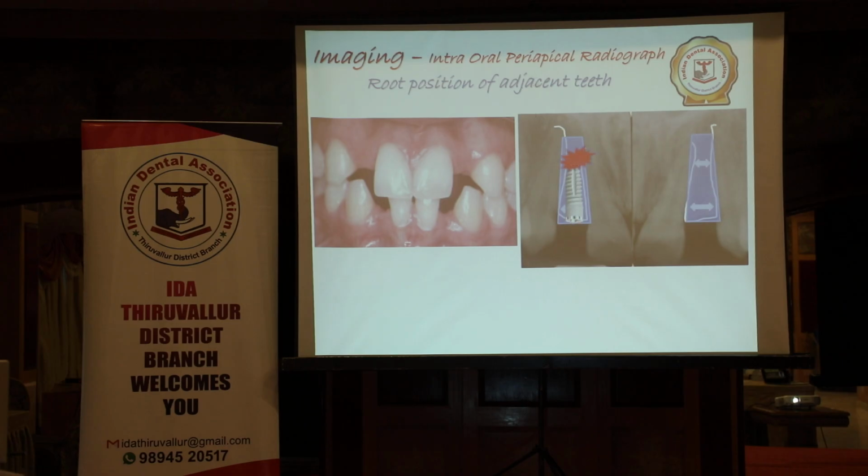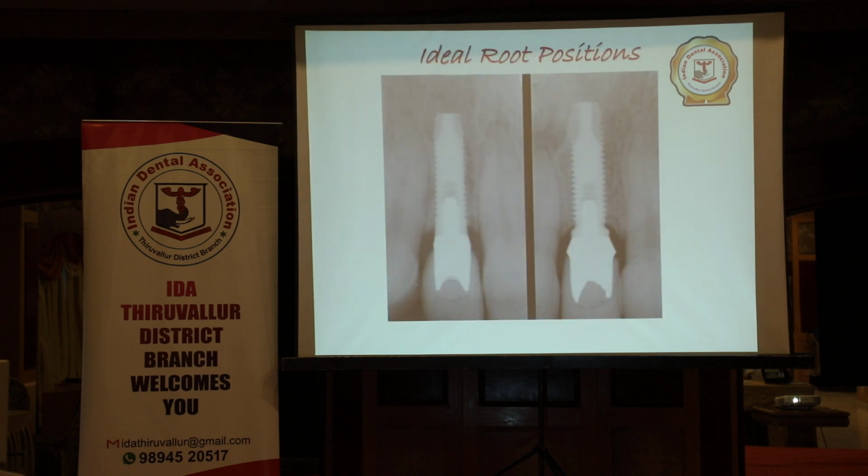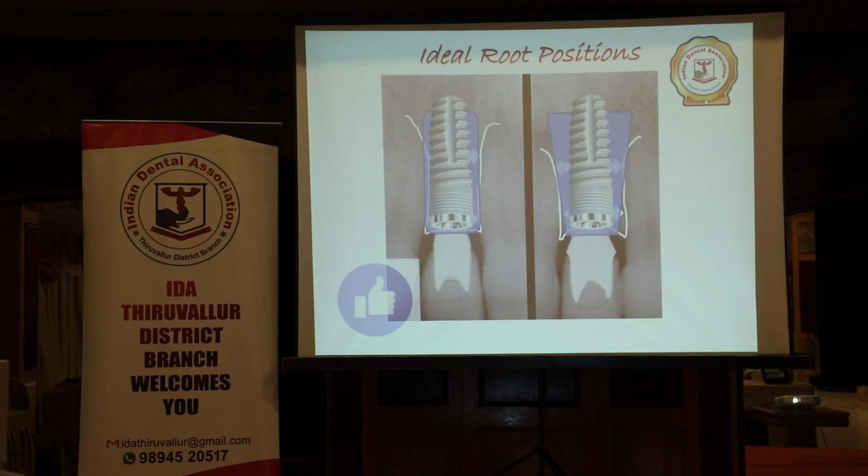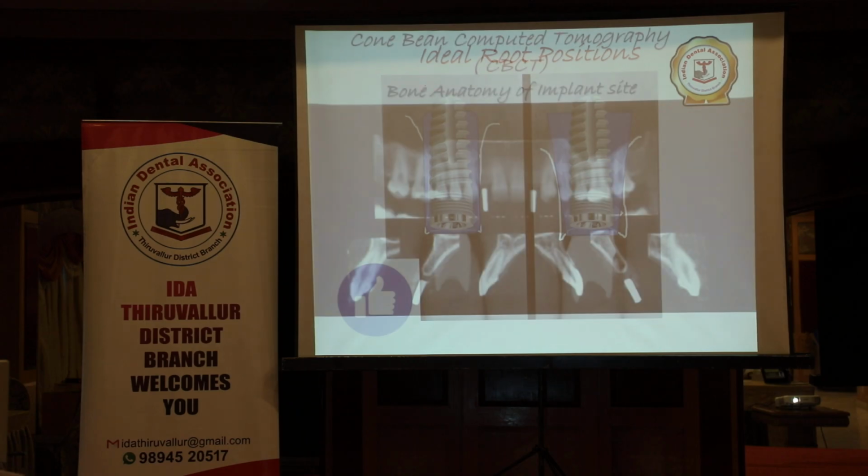Definitely it's going to hit the neighboring teeth. The same thing with this. So what is the ideal? It has to be parallel or divergent. The apex should be divergent. Once it is, you can confidently place your implant and go for your restoration.